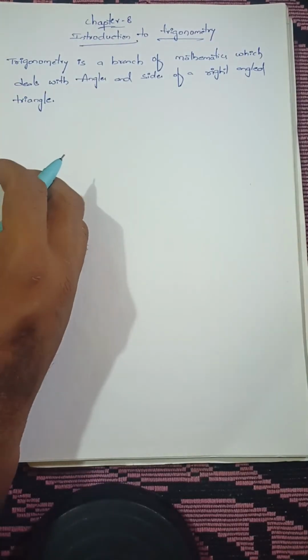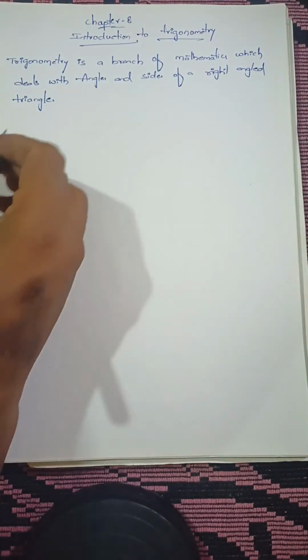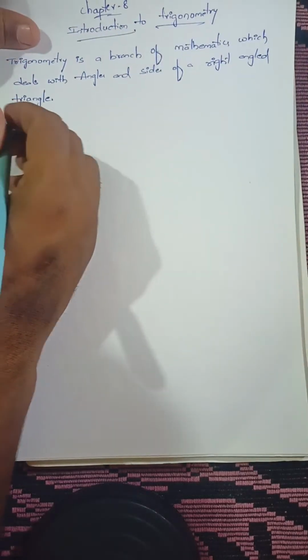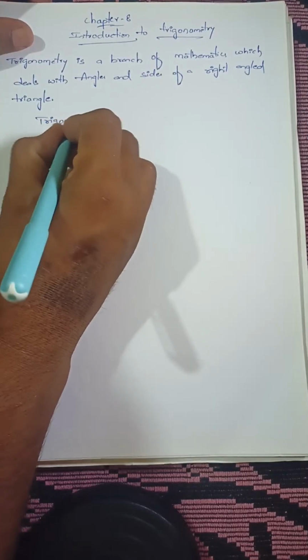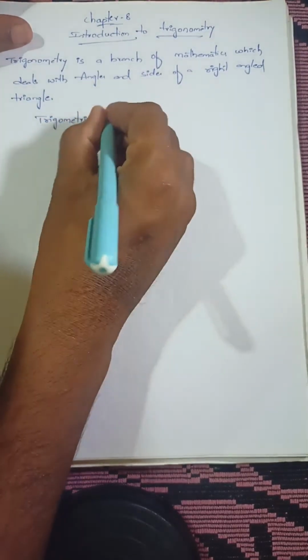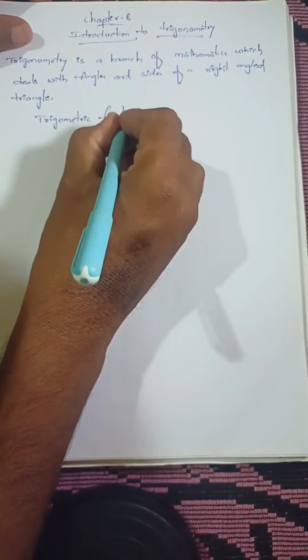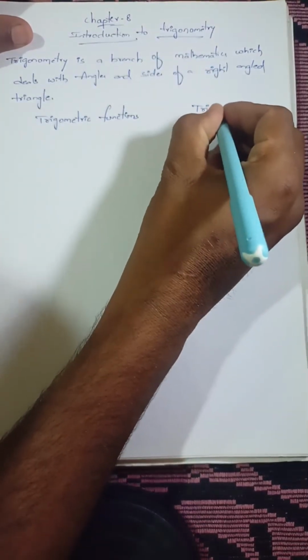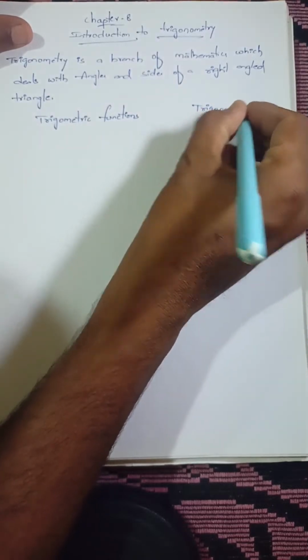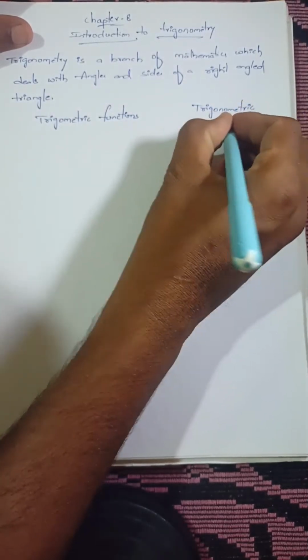So, right angled triangle. The second one is we are going to write two types. In trigonometry, we have trigonometric functions and trigonometric ratios. So what is the difference between the trigonometric functions and trigonometric ratios?